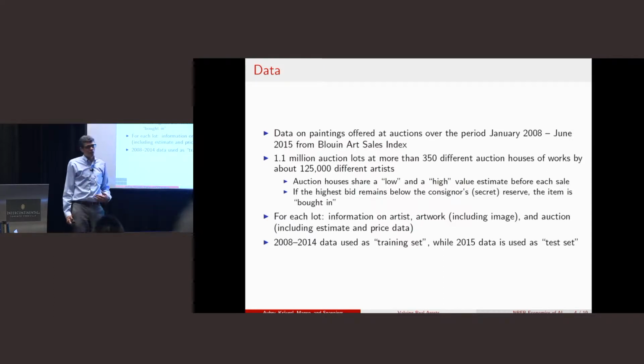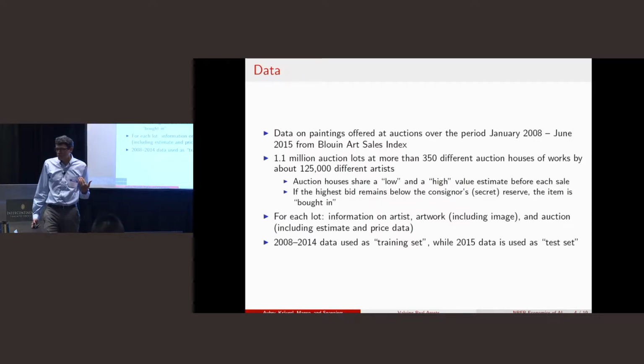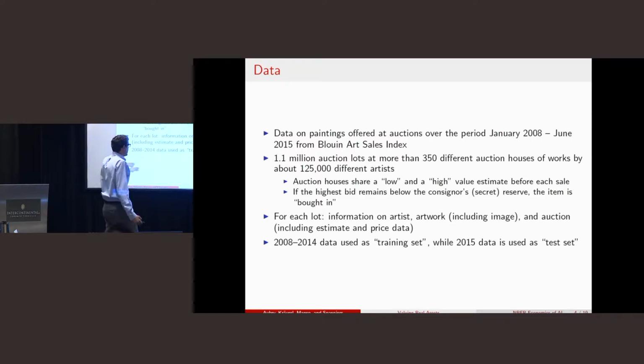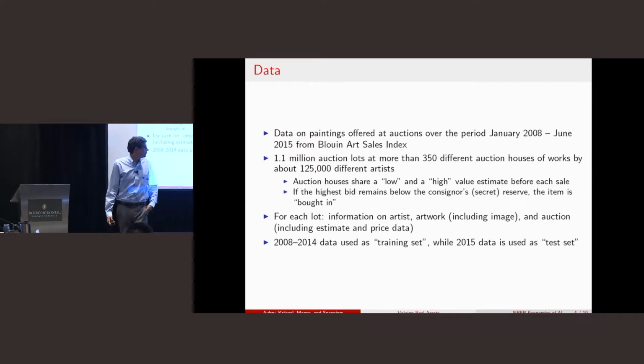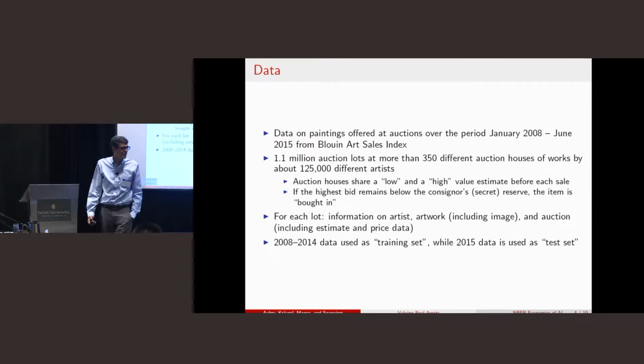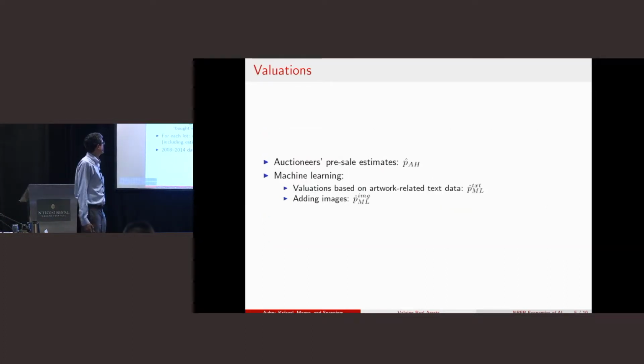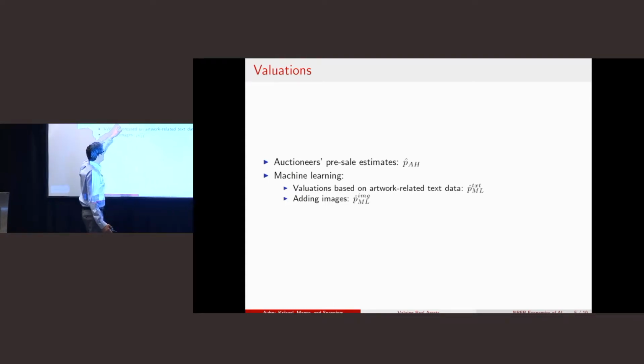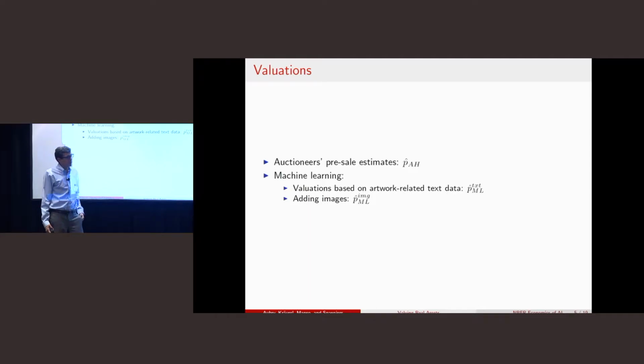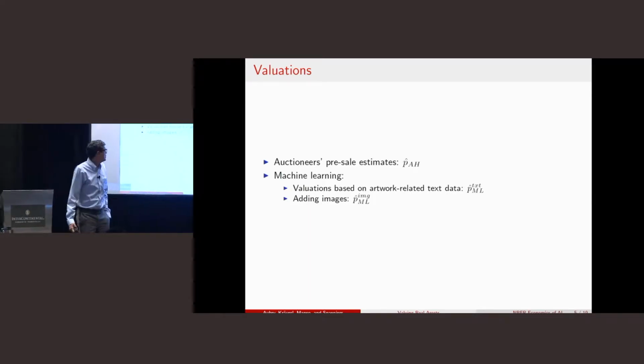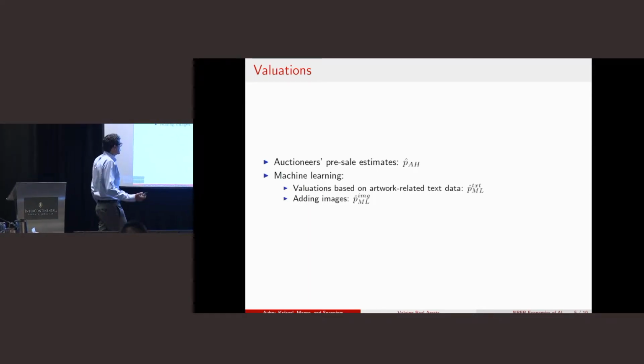What we're going to do here is use 2008 to 2014 as our training set, and we're going to use the results of this estimation to predict the 2015 data. We're going to call the pre-sale estimate, the auctioneer's human expert estimate, P hat AH, auction house.